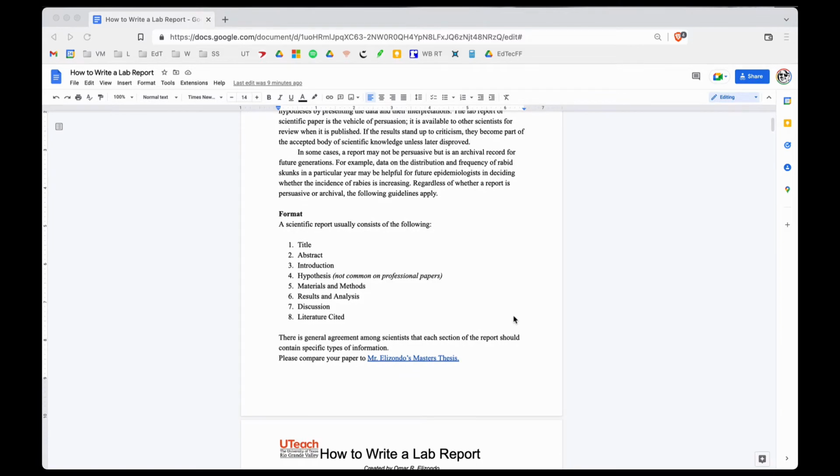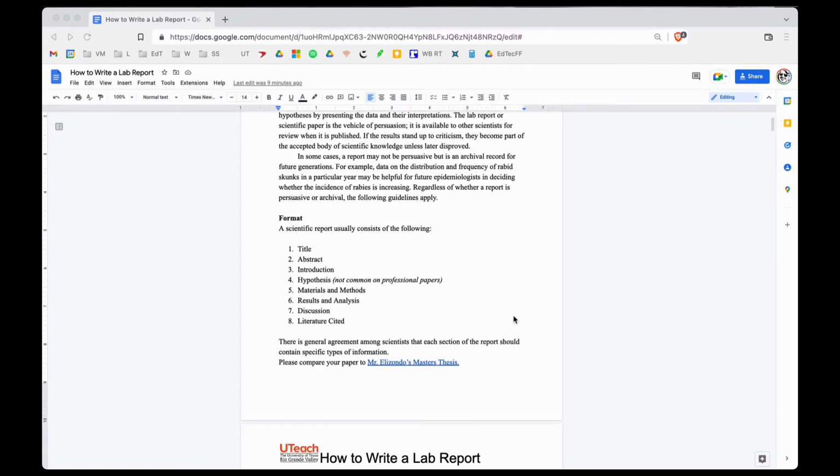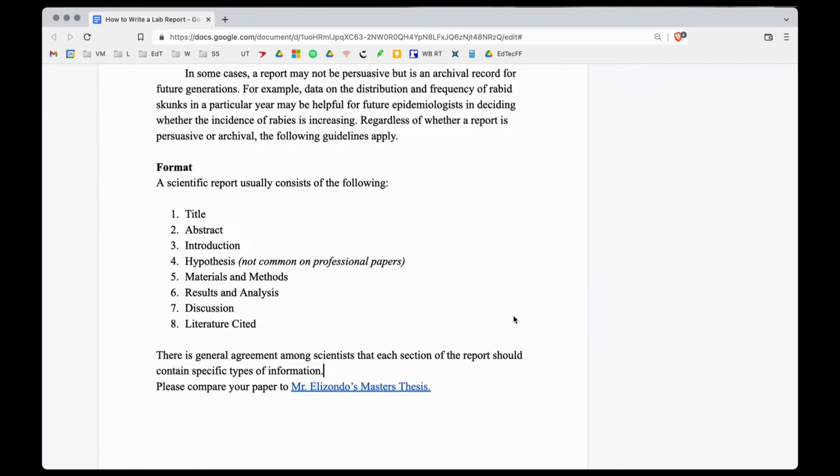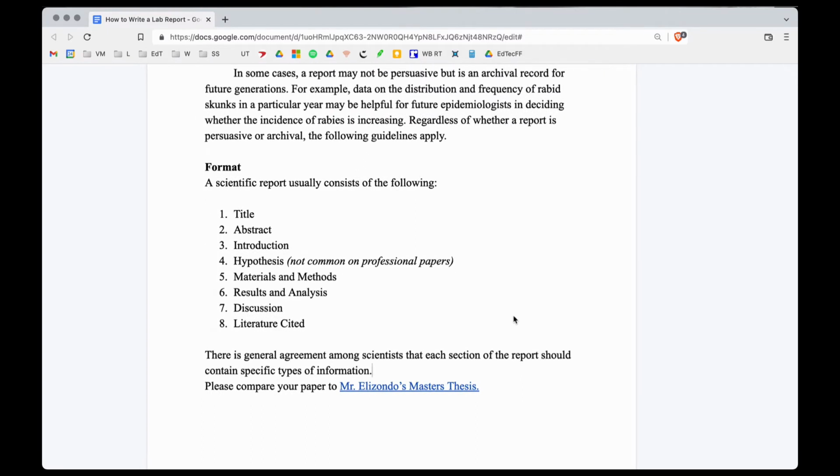So let's take a look at the format. Actually, I can zoom in here. Let me zoom in a bit, make it nice and big. So the format is important because, once again, whether it's a thesis, a publication, or any paper that you need to submit for any course, there's typically a format that's required for your paper. And the format is usually the parts. These are the parts of the paper.